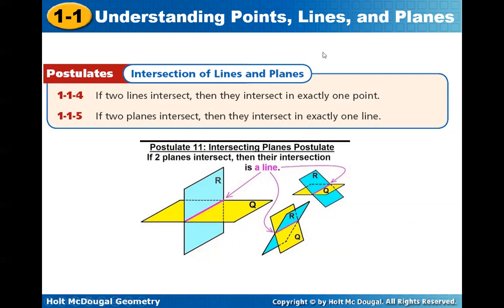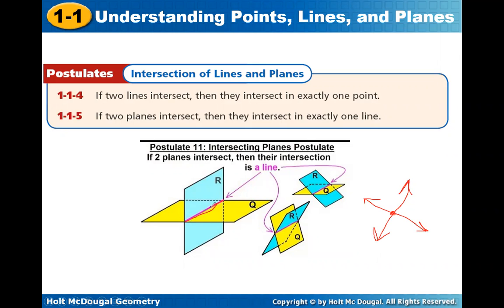So for intersection of lines and planes, 1-1-4 says if two lines intersect, then they intersect at exactly 1 point, which means if I take two lines like so, and I intersect them like so, they are going to intersect at exactly 1 point. All right, what about this?